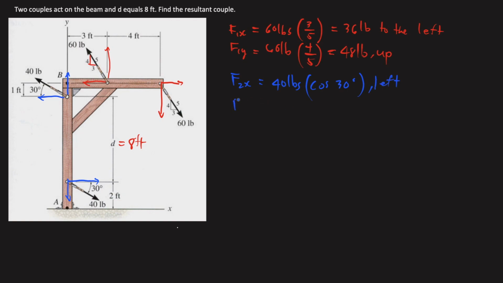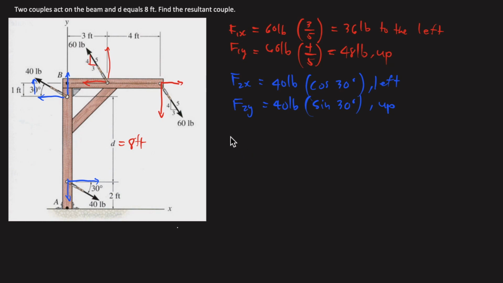Then F2y, that's 40 pounds, and this time I'm getting the opposite side. Since opposite over hypotenuse is sine, that's sine of 30 degrees going up.